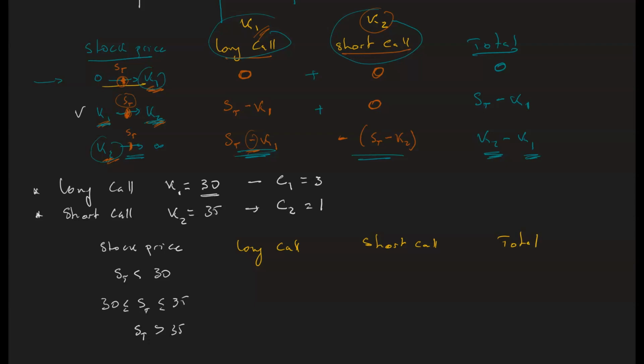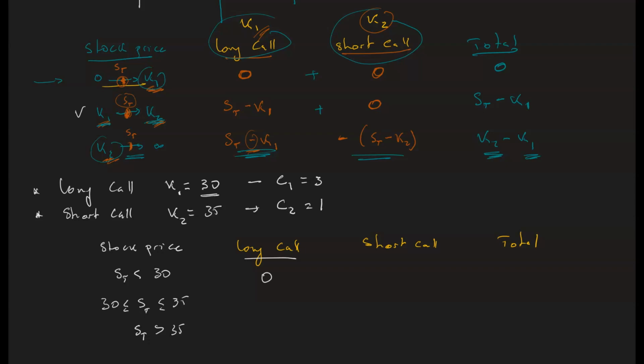Now we just learned that for a long call, the payoff is going to be equal to 0 if the stock price is below the strike price, because the option is not going to be exercised. If the stock price is below 30, why would we pay 30 for a stock that's trading for less than 30? So we're not going to exercise. It's going to be equal to 0.